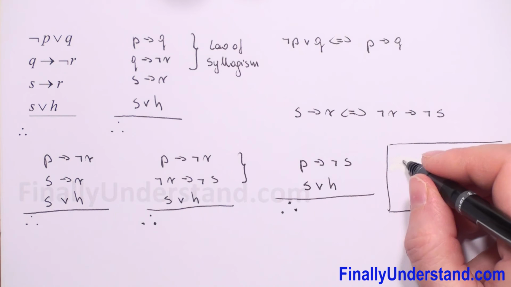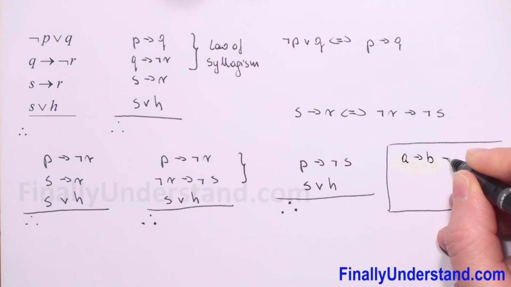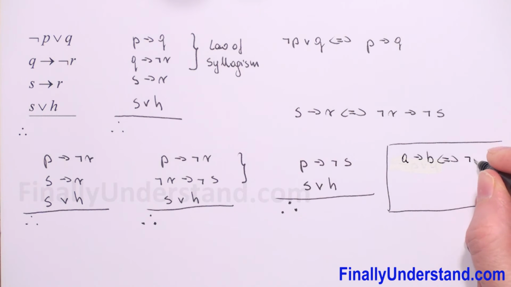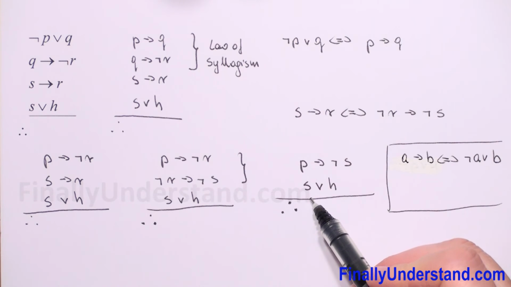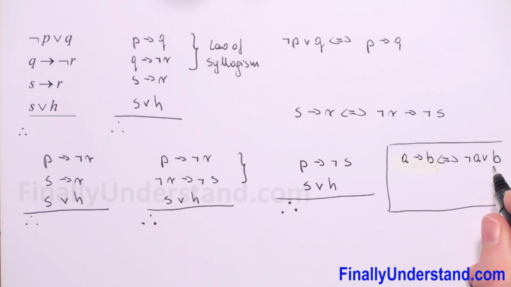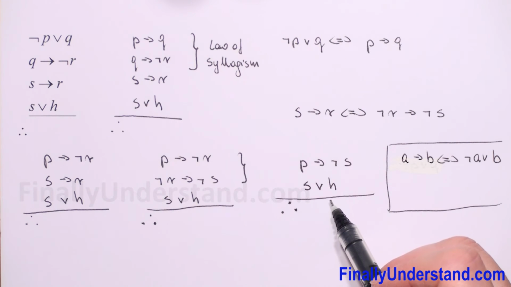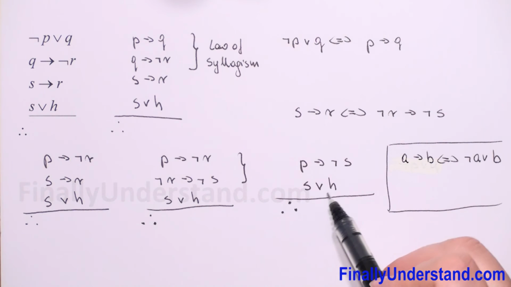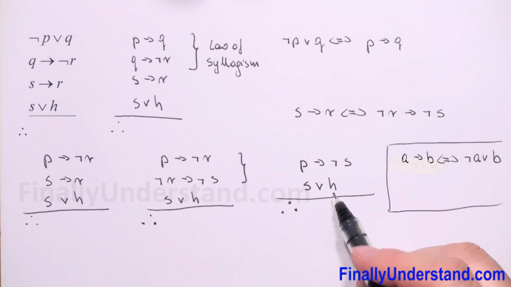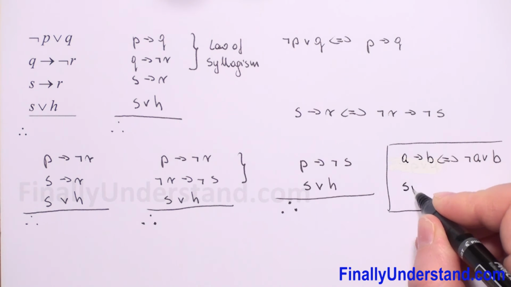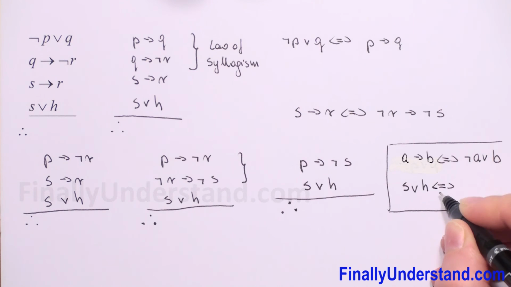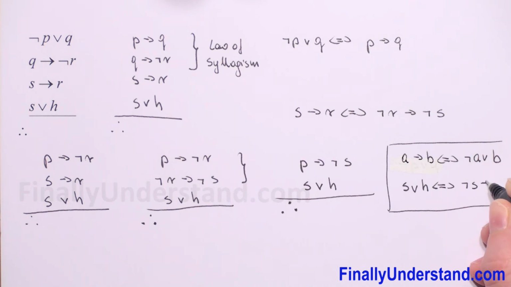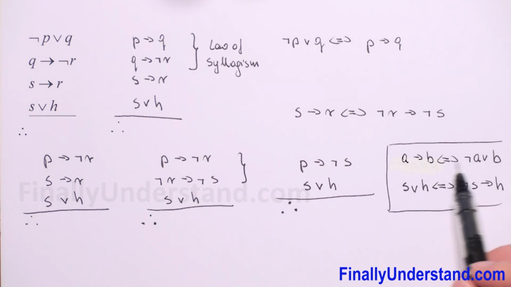When we have that A implies B, this is equivalent to not A or B. In our example, we have that not A is S and B is H. So we will change this to a conditional statement, and we will have that S or H is equivalent to not S implies H. I just used this formula.